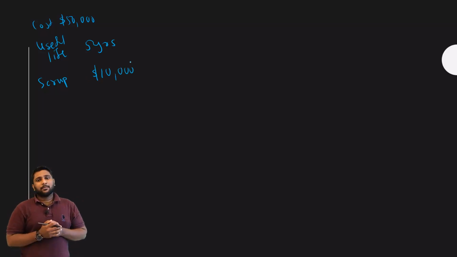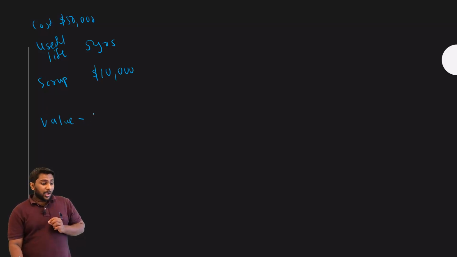Okay. So in this particular scenario, first of all, what you have to understand is how much the depreciation per annum is. In order to understand the depreciation per annum, we have to calculate the depreciable value. So how to calculate the depreciable value? Very simple. The value of the asset is 50,000.